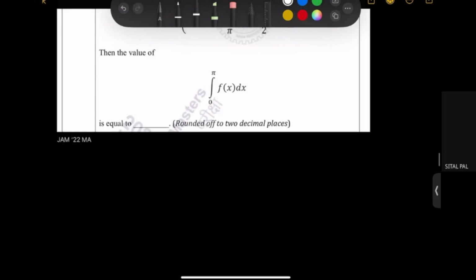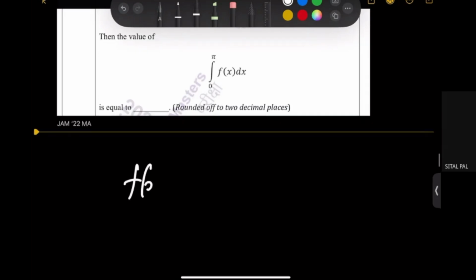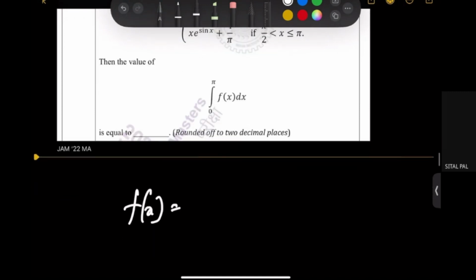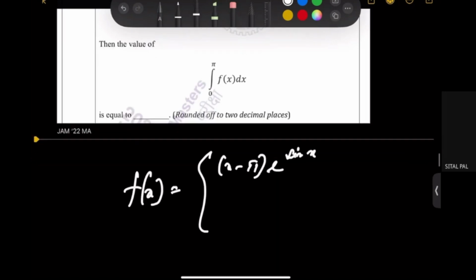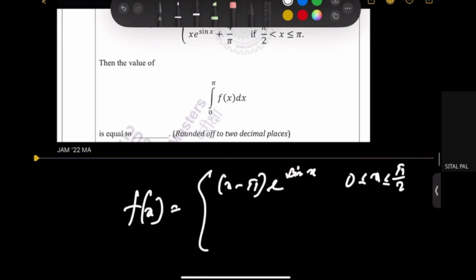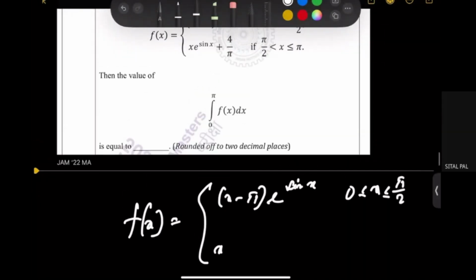So I'll just write the function f(x) again. f(x) is nothing but (x minus pi) e to the power sin x when x lies between 0 and pi by 2, and it is precisely x e to the power sin x plus 4 pi when x lies between pi by 2 and pi.